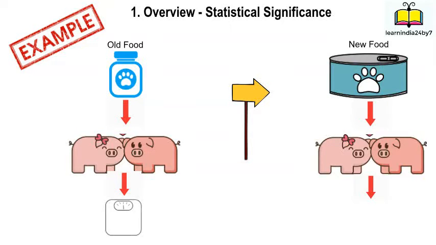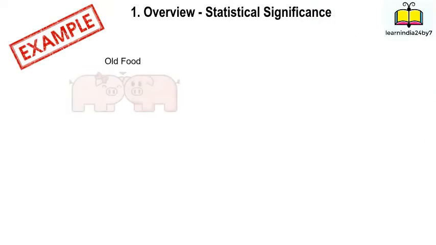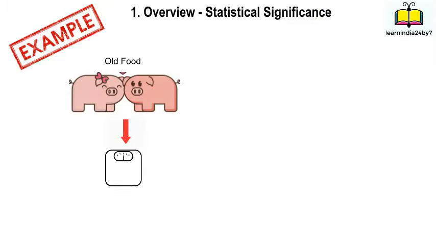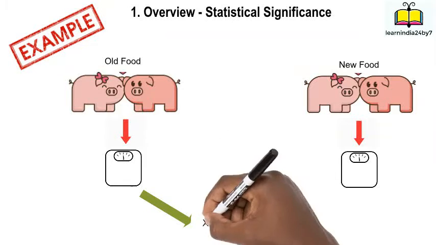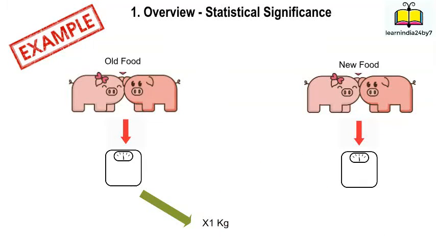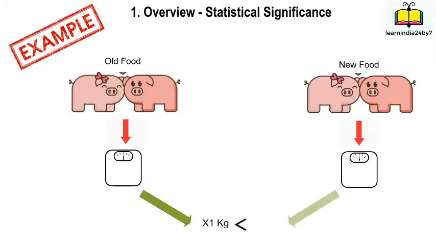After a month of time, the farmer measured the weight of all the pigs. Finally, the farmer found that the pigs who ate the new food gained more weight than the pigs who ate the old food.